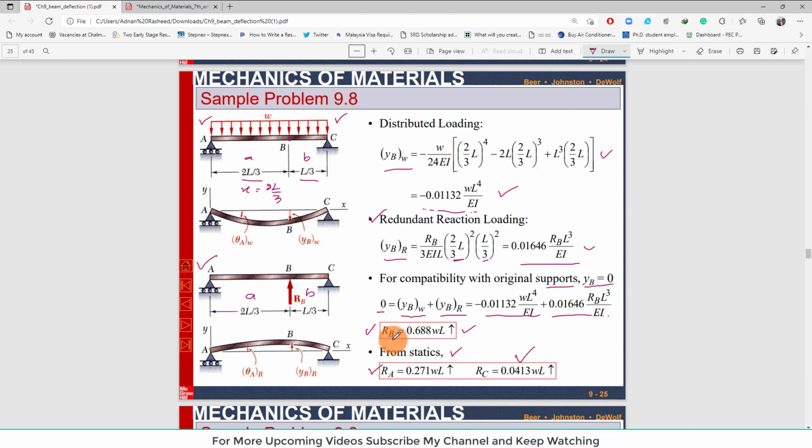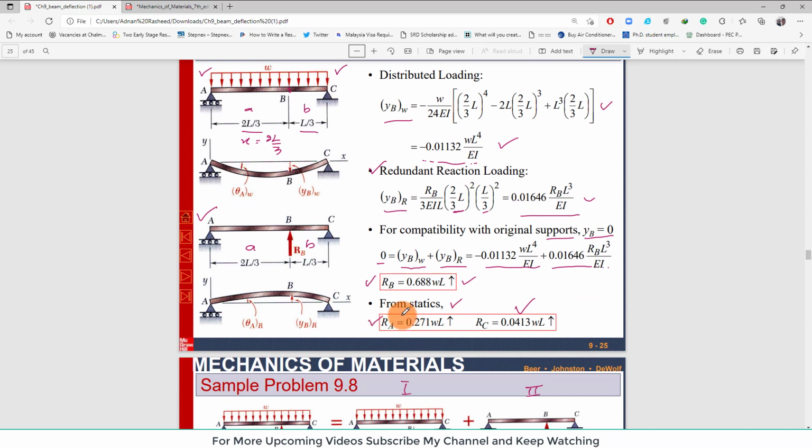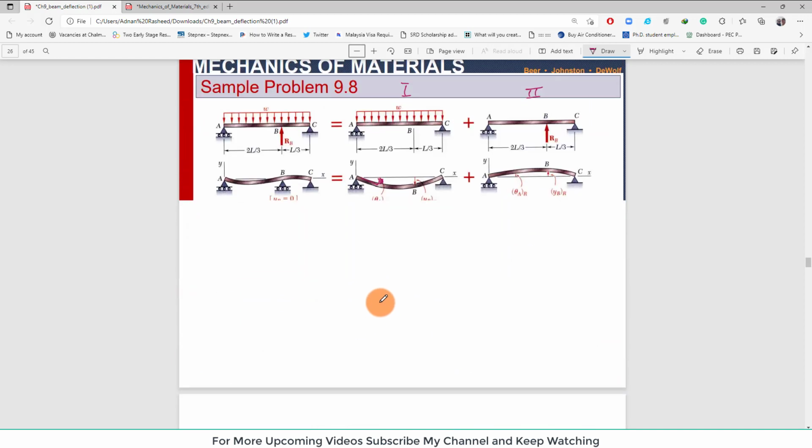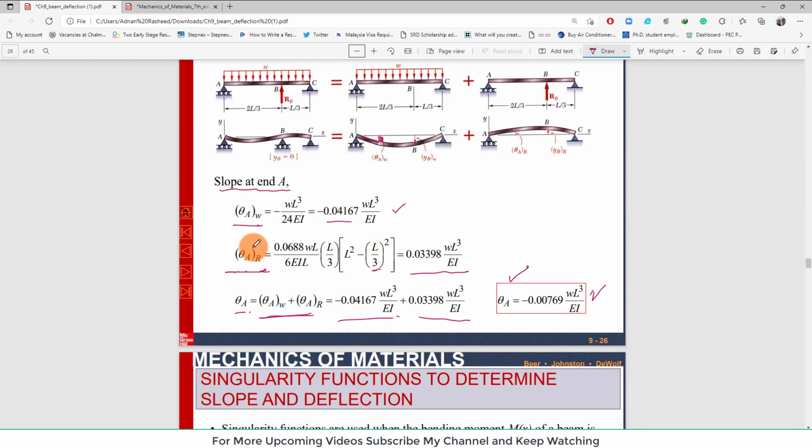Once you have this reaction, you can also use the method of equilibrium in order to find the other reaction forces, and the same method is applied for slope. So the slope at point A is equal to the slope at point A due to loading 1 plus the slope at point A due to loading 2, and we sum that and we get the total slope at point A due to this combined loading.